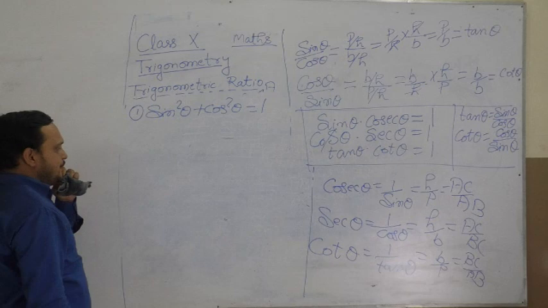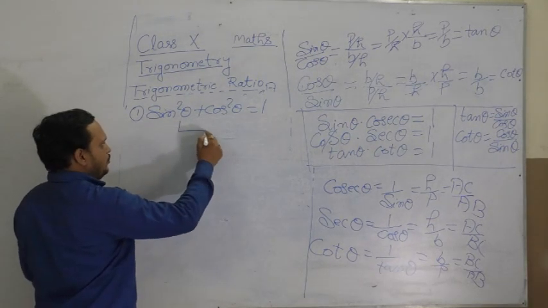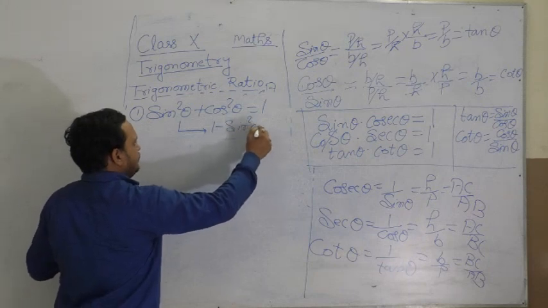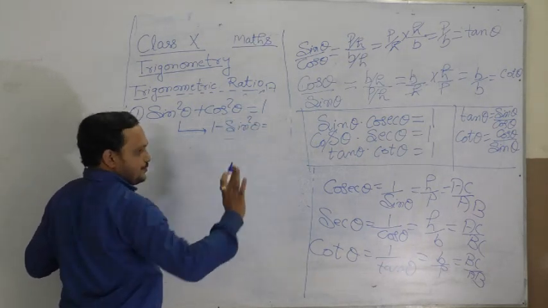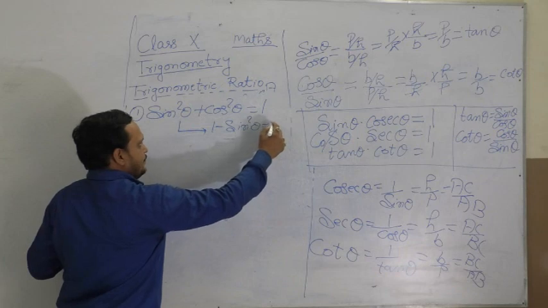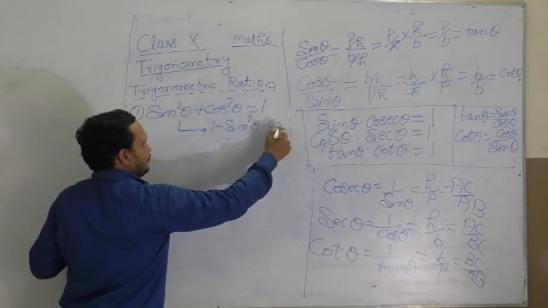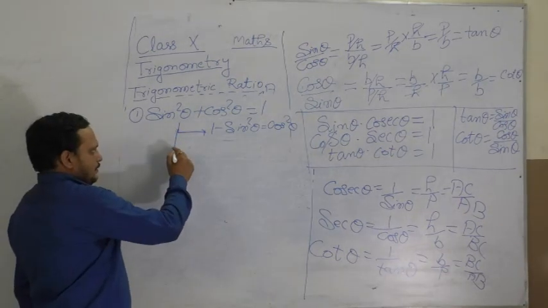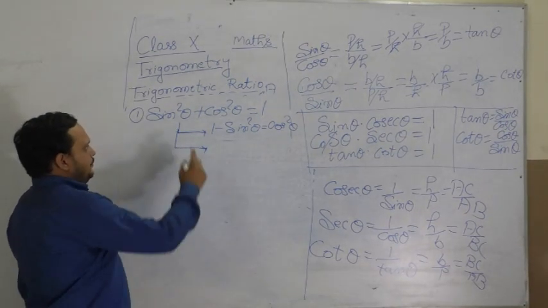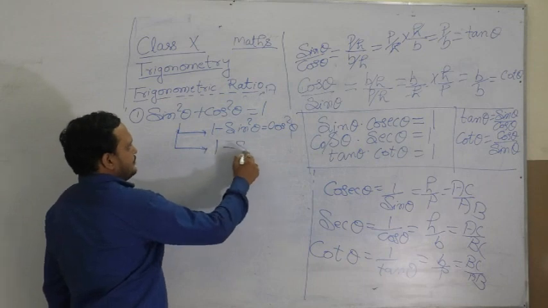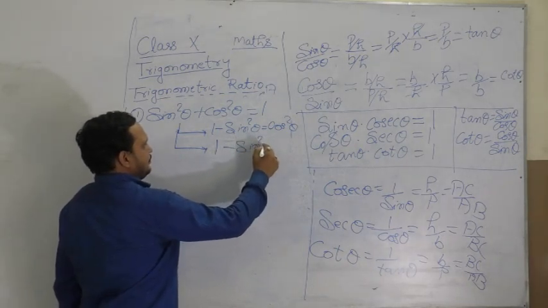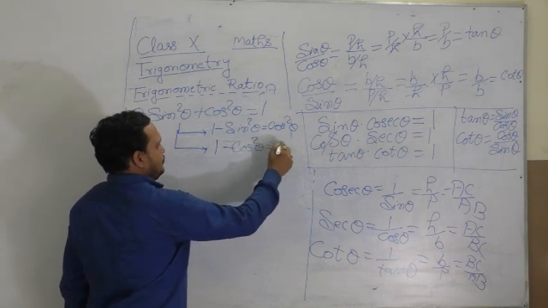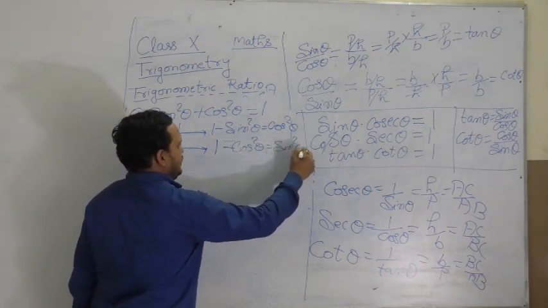On the basis of this formula, there are two different formulas: 1 minus sin square theta equals cos square theta, and 1 minus cos square theta equals sin square theta.